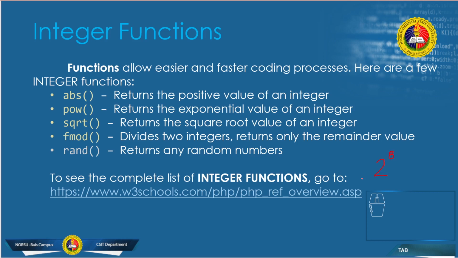That means it's an exponential. Am I right, guys? Yes, sir. Okay, let me change the color for clarity. So this is an example of an exponential value. We can compute this using PHP easily. We'll use the pow function. So let's try that.